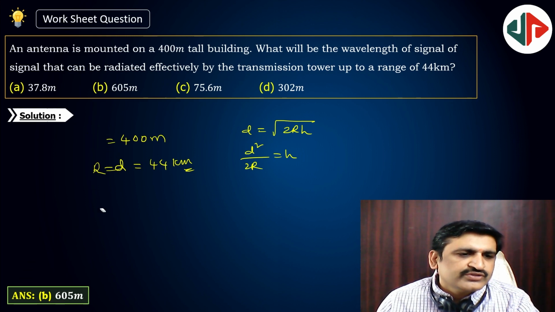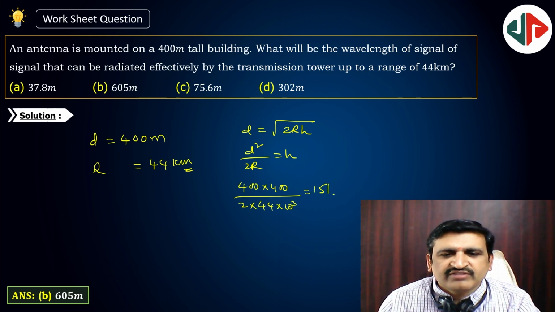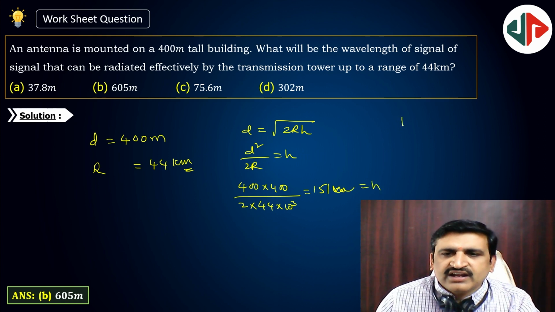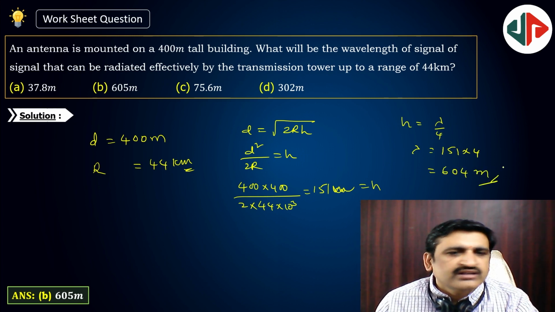So this is R value and this I can call as D, so 400 by 2 into 44 into 10 power 3. So this is equal to roughly 151 meters only. So we have h, and h is equal to lambda by 4, lambda equal to 151 into 4. So around 604 meters. So this is nothing but option B.